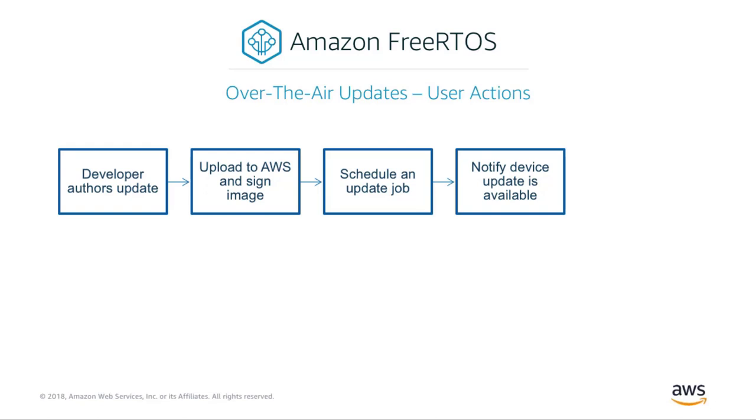And then the OTA update job will be scheduled. Once a job is scheduled, AWS IoT Core will send out an update notification to the devices selected to be updated.